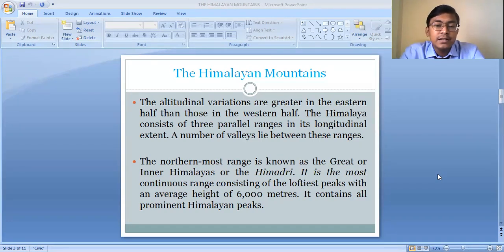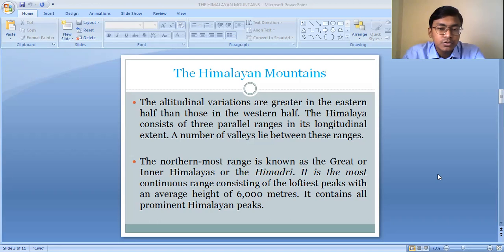The altitudinal height of the Himalayas is greater in the eastern half than in the western half. In the eastern side, like in the Nepal Himalayas, the height of the Himalayas is higher. In the western part, in the state of Jammu and Kashmir, the height is not so high.